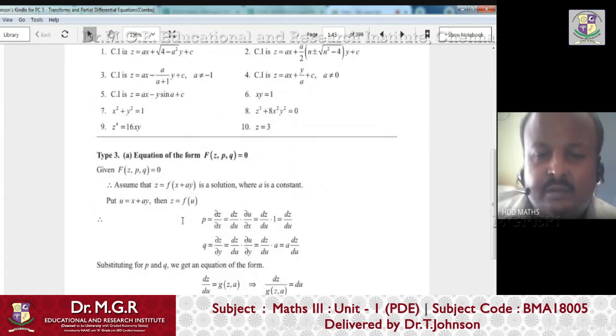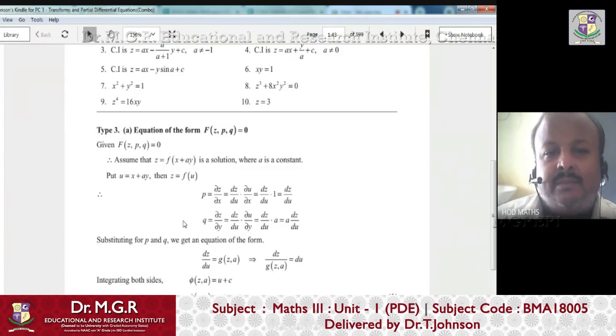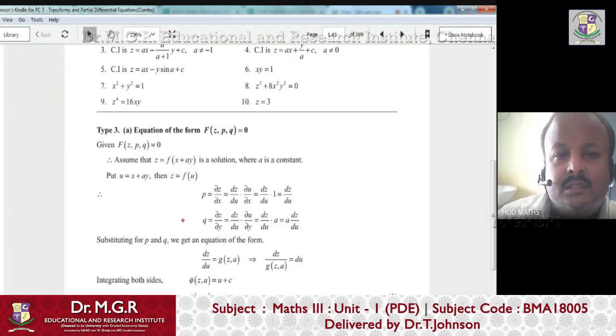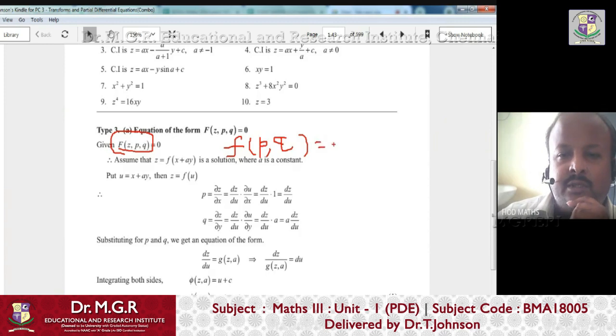But I will give you one simple introduction to type 3. Type 3 is of the form z equals a function of z, p and q. What is type 1? In type 1 we have a function of only p and q equal to 0.